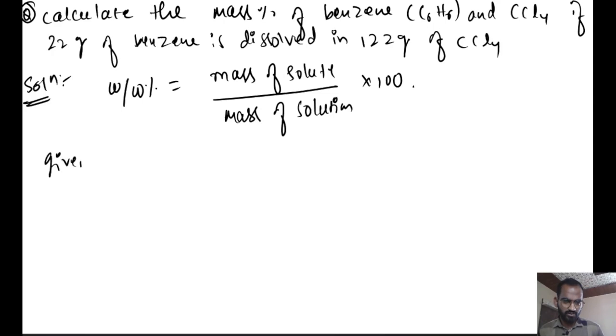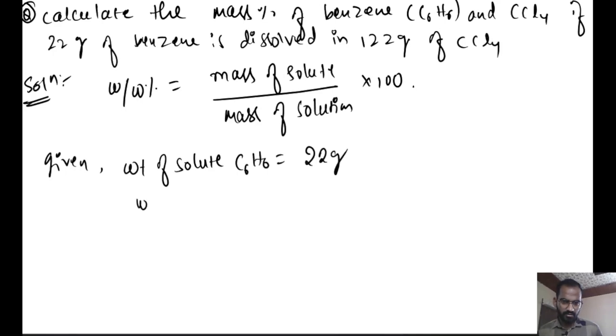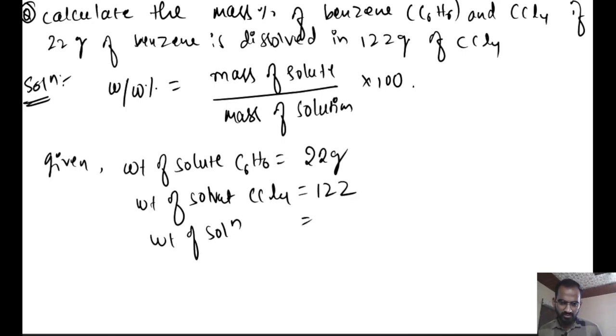The weight of solute, benzene C6H6, is 22 gram. The weight of solvent, CCl4, is 122 gram. Then the weight of solution, if we combine both, is 144 gram.